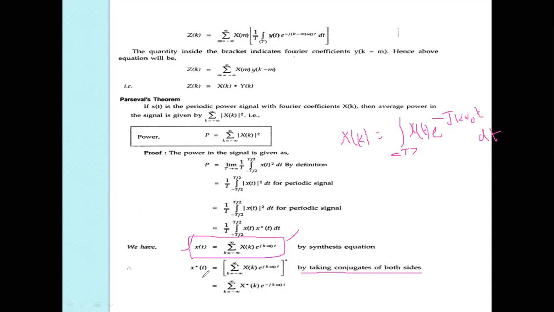Now you can substitute this equation in the power P is equal to 1 by T, the integral from minus T by 2 to T by 2 of x of t, where x star of t is replaced with this signal, the sum of k equal to minus infinity to infinity of x star of k e power minus jk omega naught t. Already we have here the dt.